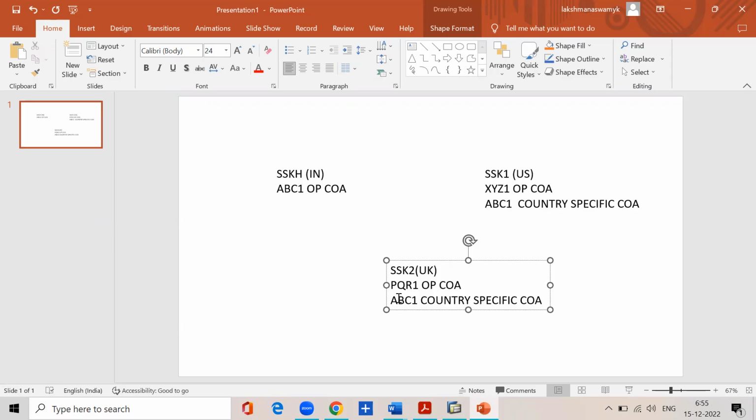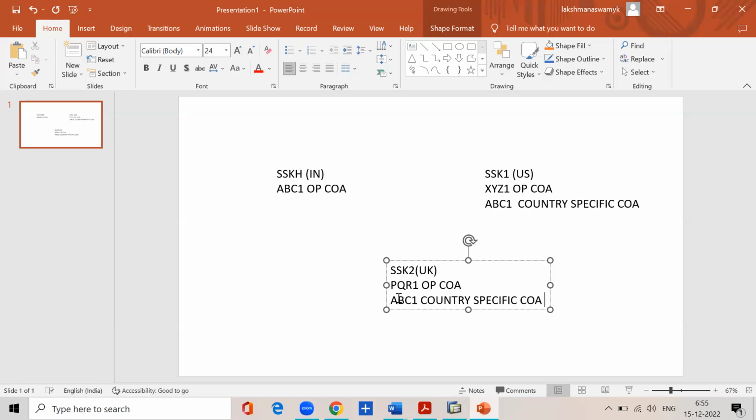That means normally what happens is the operational chart of accounts of the holding company code will be the country specific chart of accounts for the subsidiary company code. Remember, this is if the holding company code and subsidiary company codes are lying in different countries. But if both the holding company code and subsidiary company codes are lying in the same country, then there is no case of country specific.